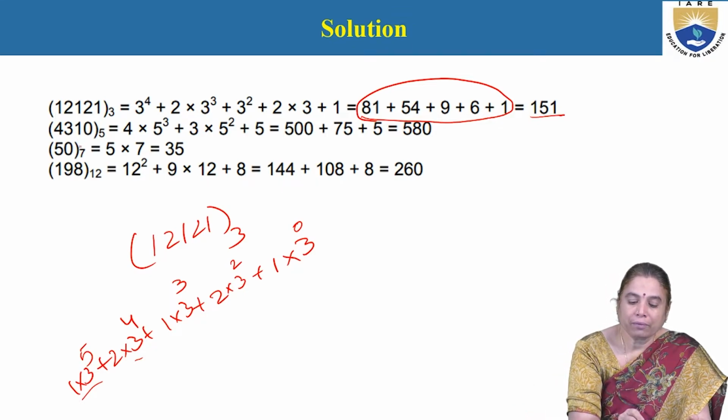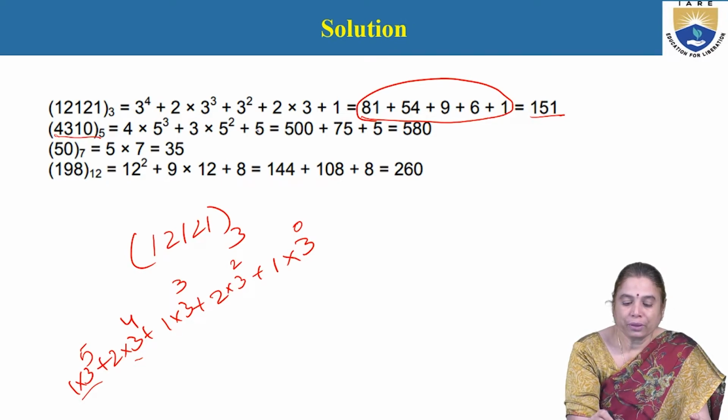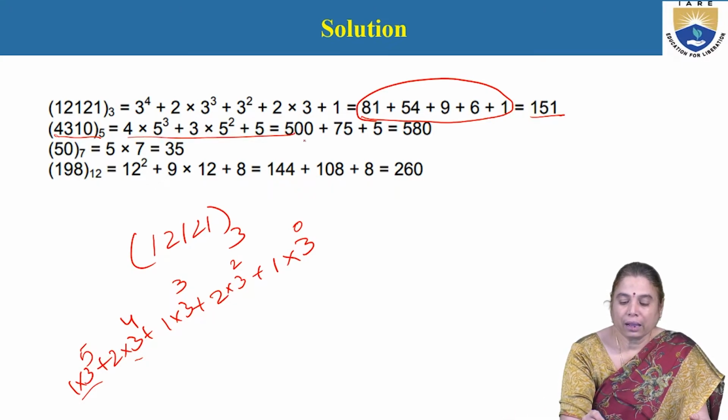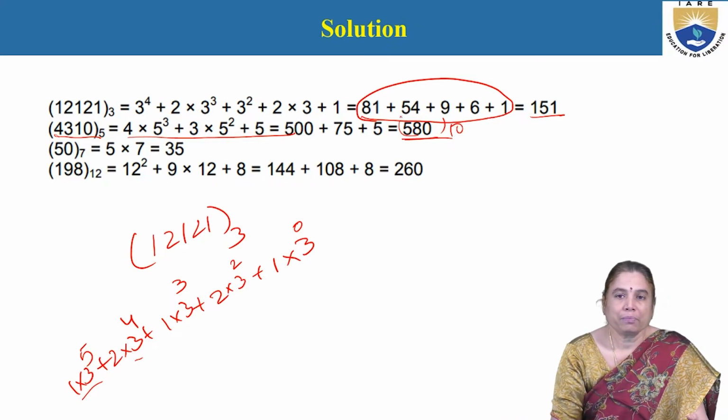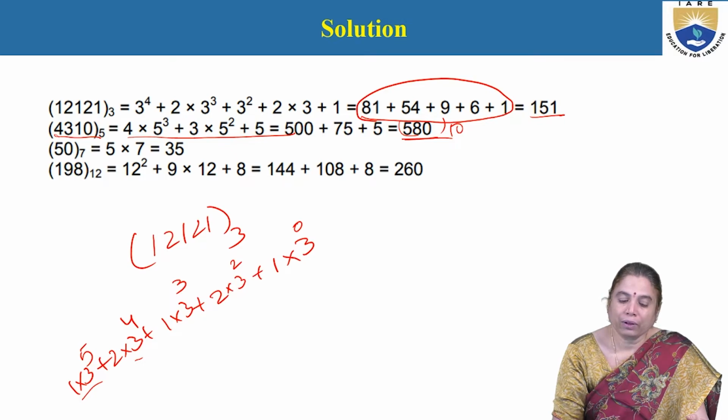In a similar way, with the base 5 number system, we use 0 into 5 power 1 and 1 into 5 square and 3 into 5 square and 4 into 5 cube, and add the product terms. 500 plus 75 plus 5 is 580, which is the decimal equivalent of the number represented with a base value of 5.